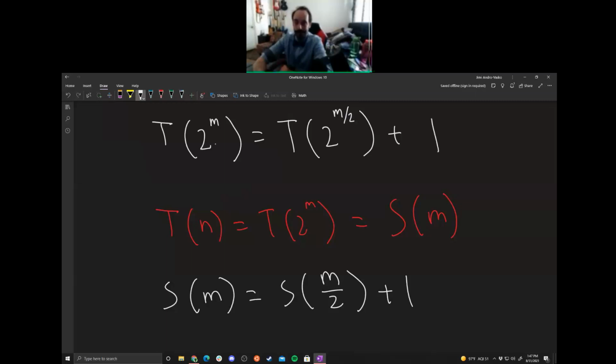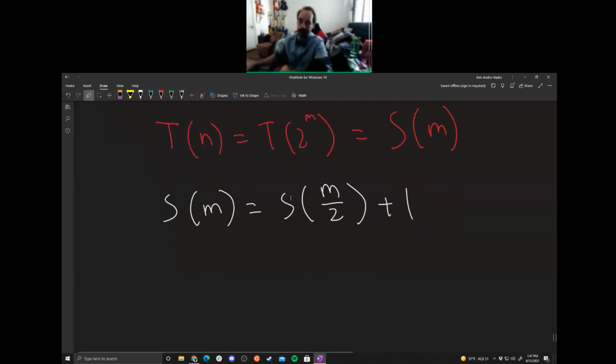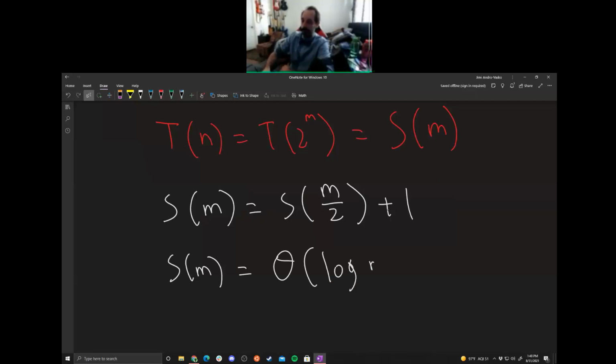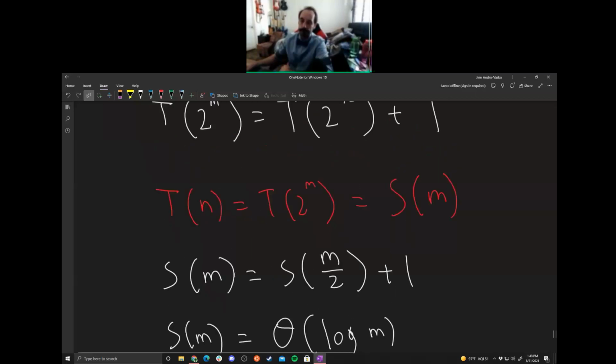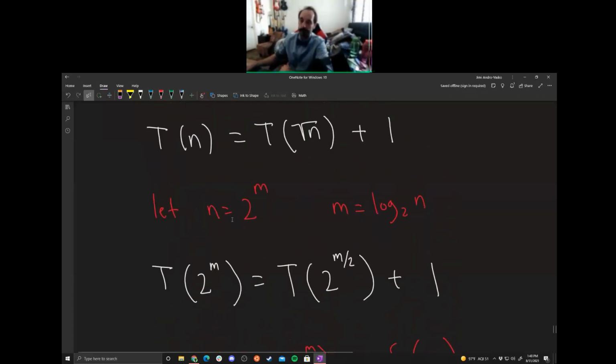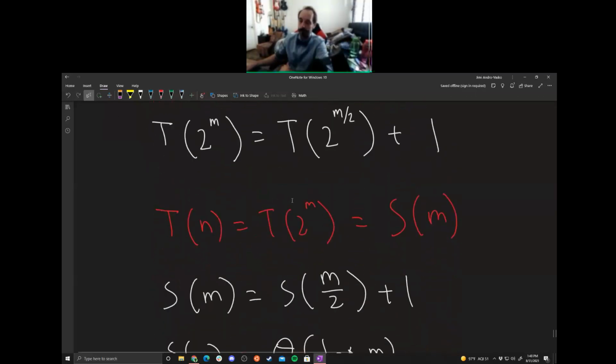So at this point, if you want to solve S of m, I'm not going to do the entire expansion here. We can just remember this is going to be log of m. So S of m equals theta log of m. So we know from before, T of n equals T of 2 to the power m equals S of m.